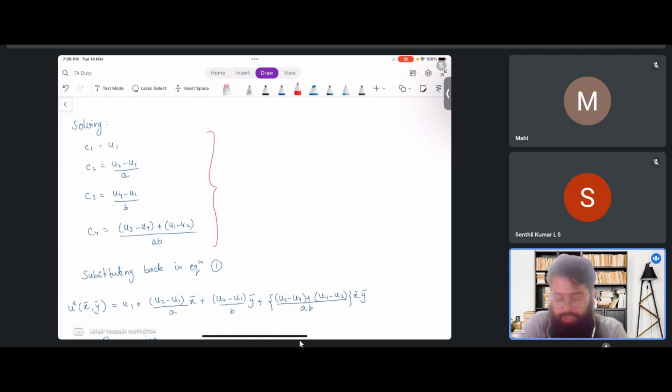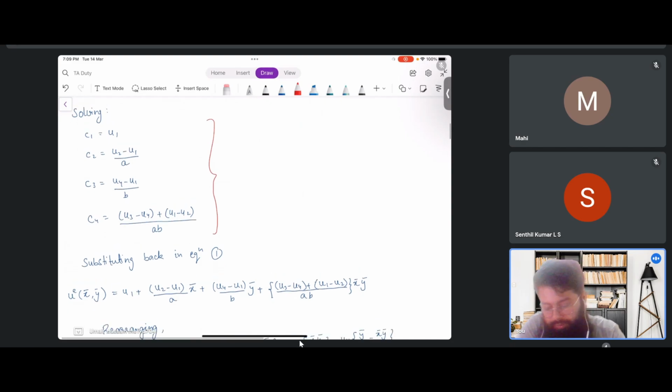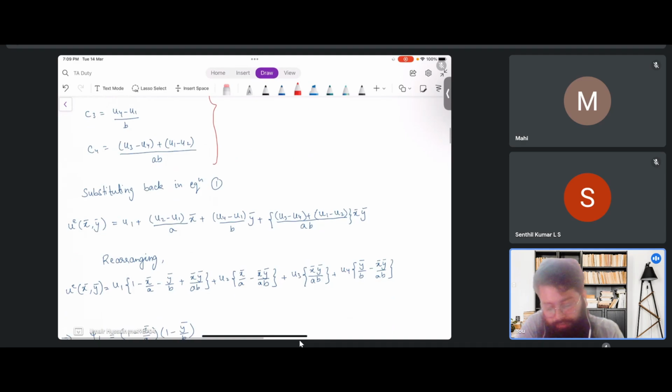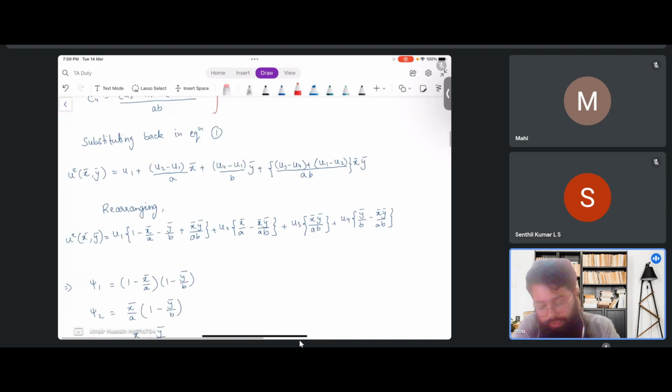Just like in the case of the triangular element, where we had three constants, now we have four constants. So we get the values in terms of the nodal displacement values. We substitute these values back into equation one, and we want to rearrange the equation in the form u1 psi1 plus u2 psi2 plus u3 psi3 plus u4 psi4.